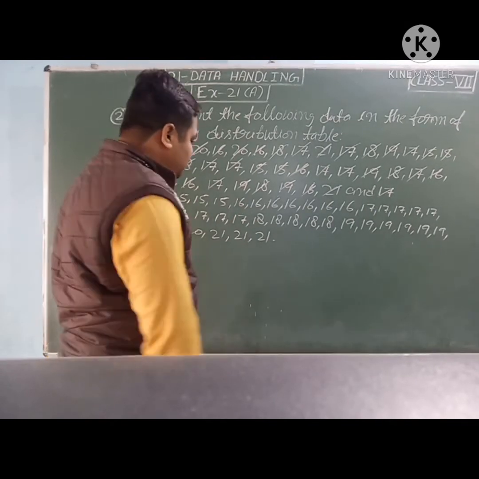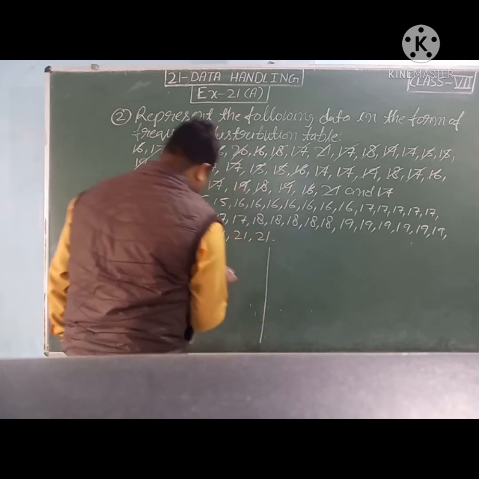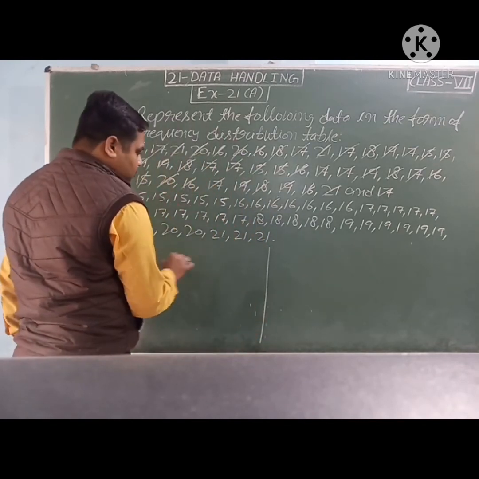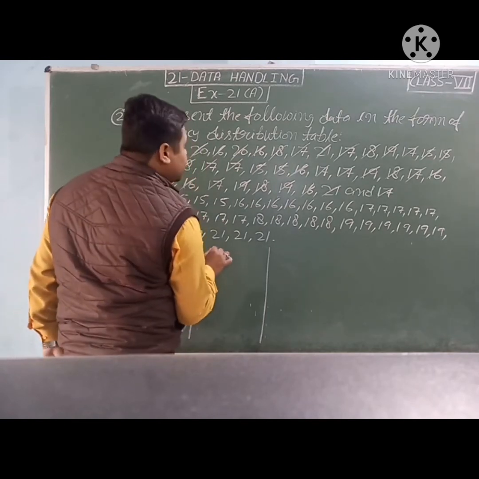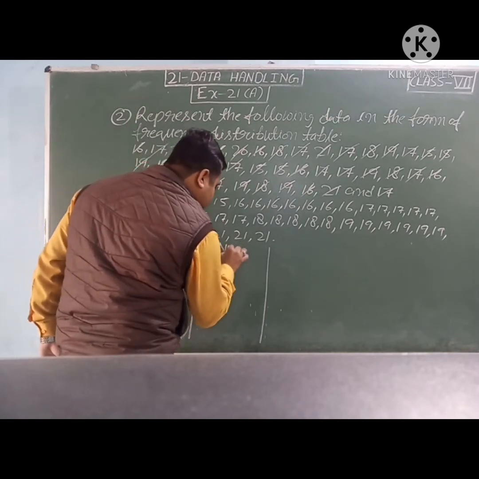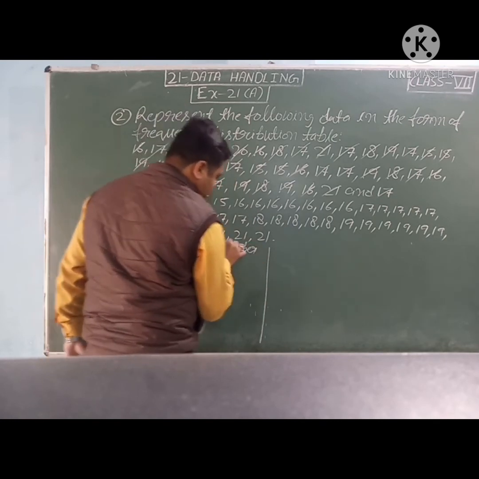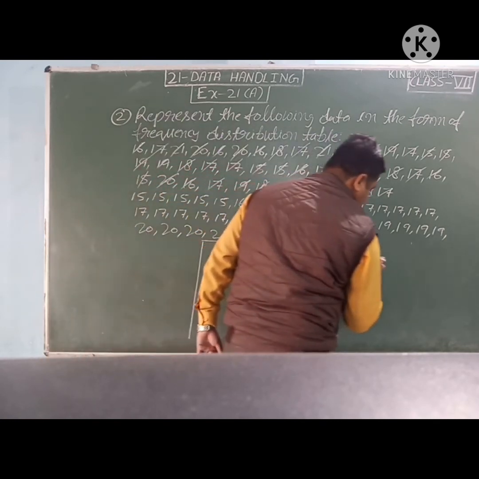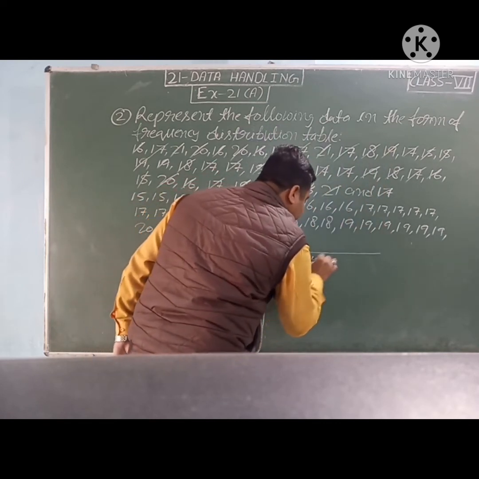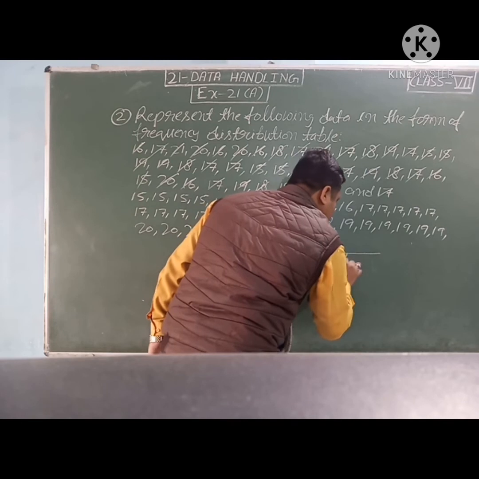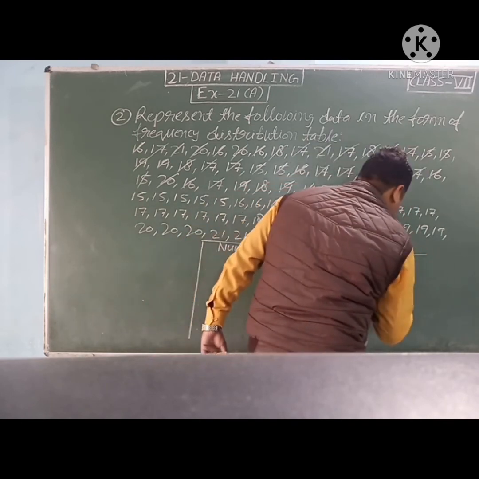So students, now we will draw the frequency distribution table. This column is for numbers. Then this column is for tally marks. And the last column is for frequency.